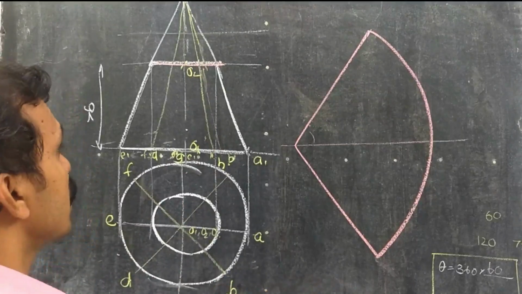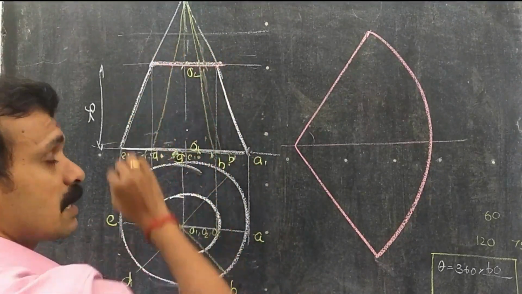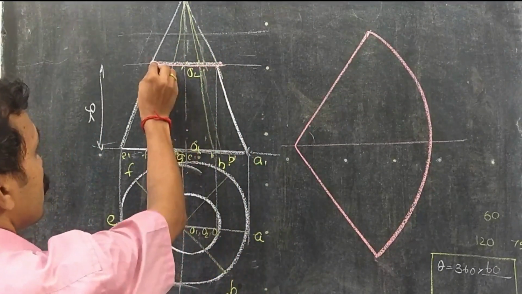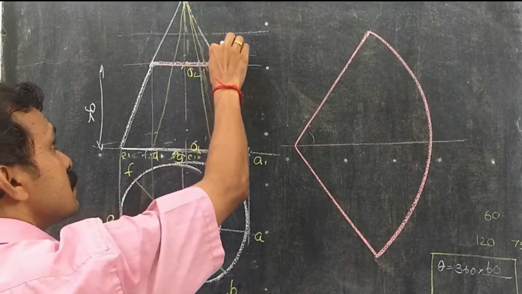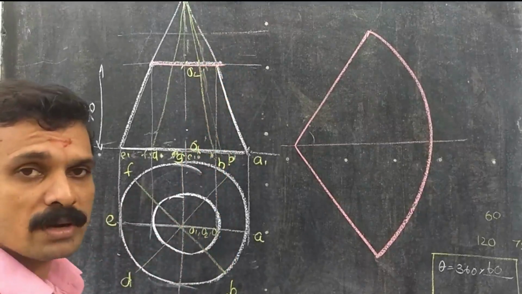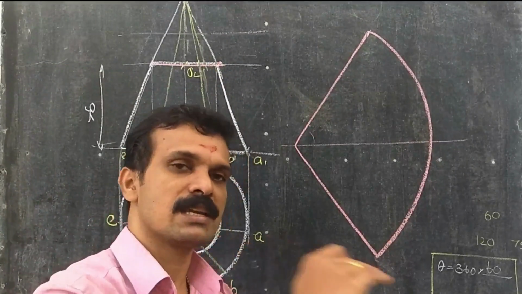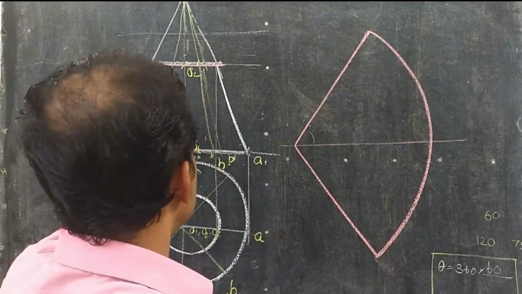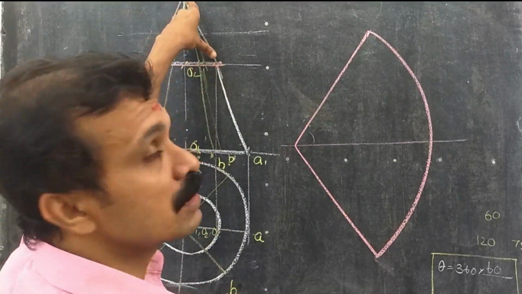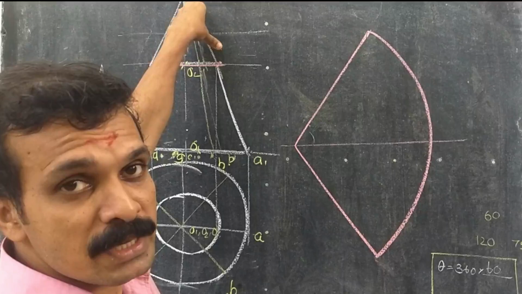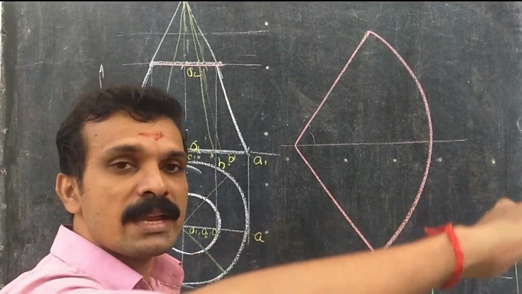So, these points are all intersections, and while transferring these points to the true length line, in all cases this will be the corresponding length. We have already done this, because if you are intersecting with a straight portion, while transferring those points to the true length line, this length will be the same, which means the intersection will be a curve.